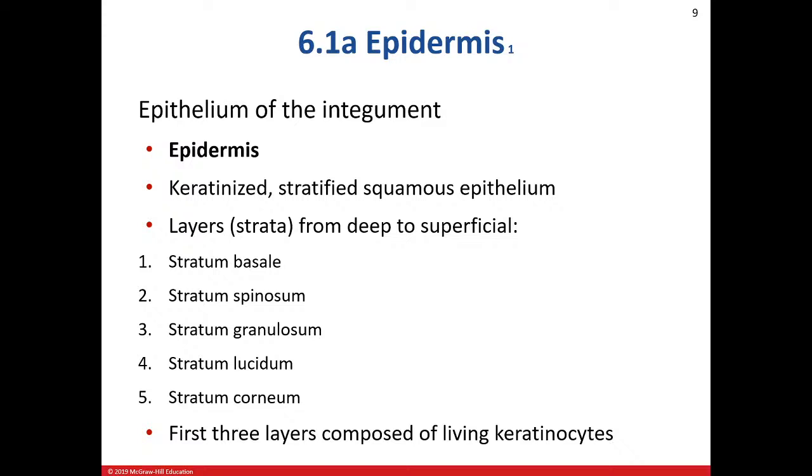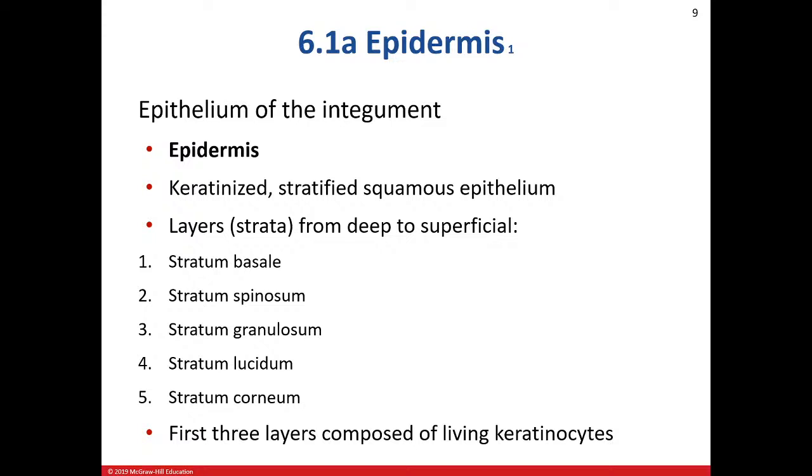Okay. Good. So B for basale, that's the basal or bottom layer. You can remember B basale, B bottom, that's the bottom layer. Next up is the spinosum, granulosum, lucidum, and then the stratum corneum is the outermost layer, and it's the thickest, toughest layer, and it's composed entirely of dead cells, the corneum is.